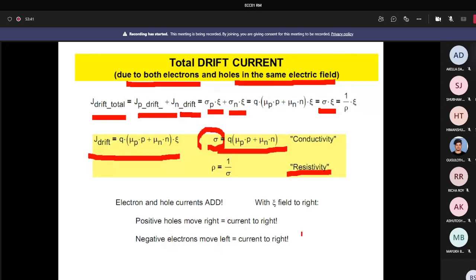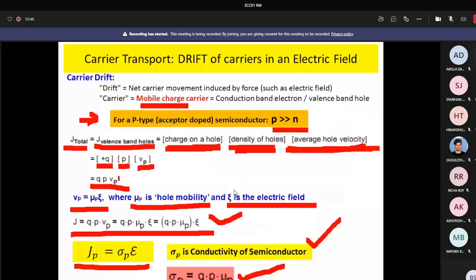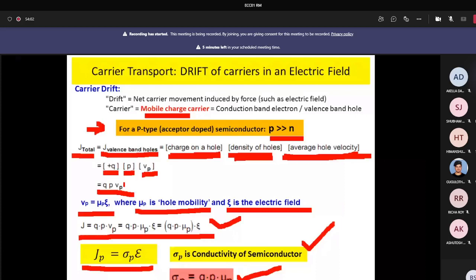So remember that sigma, if we have the doping in p-type and n-type in the same concentrations, with the same P and N, the conductivities still differ because the mobility of electrons and holes are different. Electrons are more mobile.